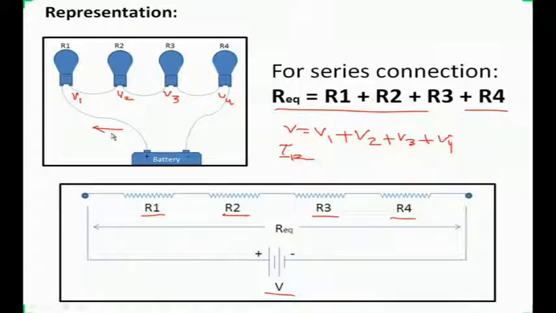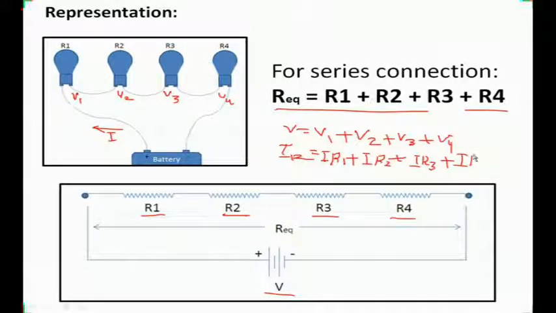Now V is equal to I into R. This I which is flowing in the complete circuit will remain the same across the circuit. That's why V is equal to I into R, and V1 will be equal to I into R1. V2 will be equal to I into R2.